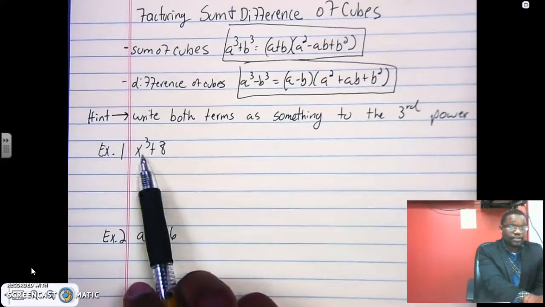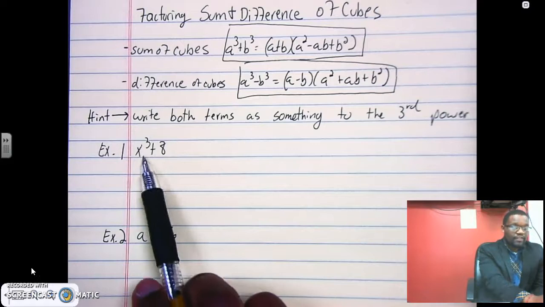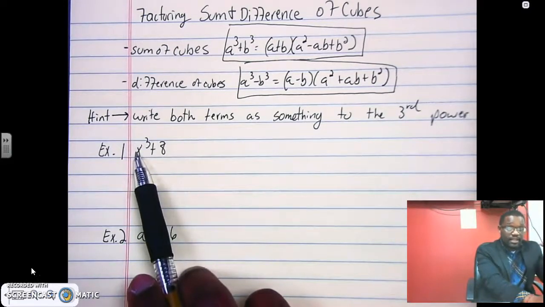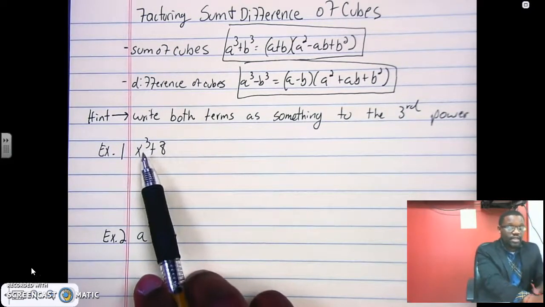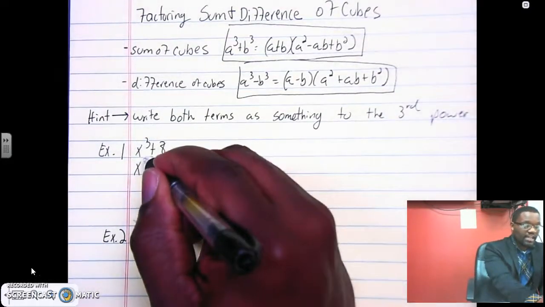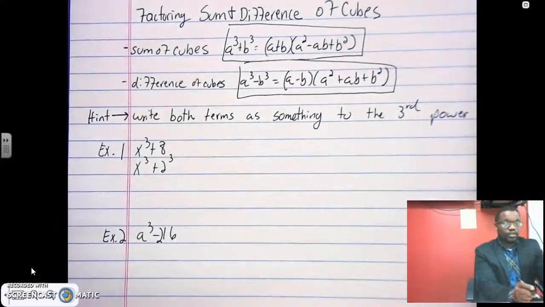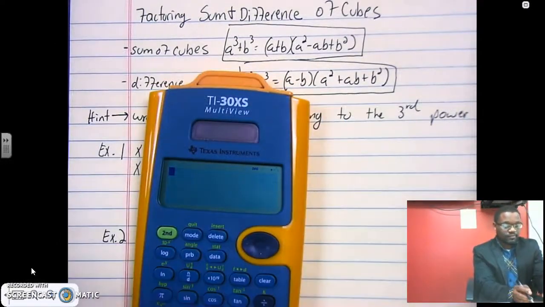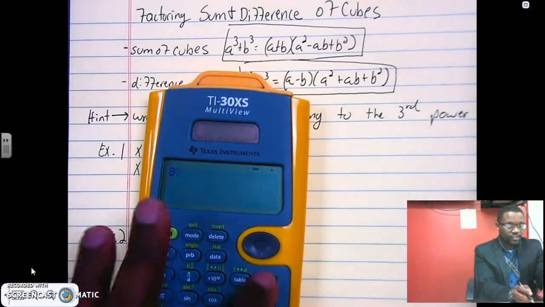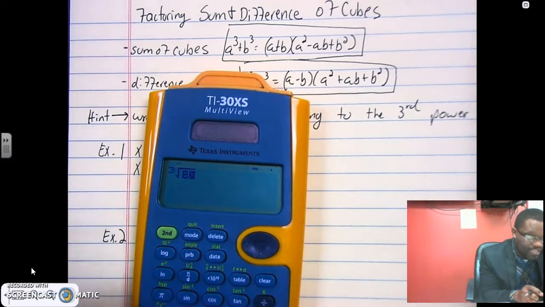And I don't have one here. There's no greatest common factor other than 1. I noticed that this is a cube, which is a hint to me that I might have a sum and difference of cubes. And if I can rewrite 8 as something to the third power, which I can, how do you know that? Well, you take that number, 8, you do the cube root of 8.